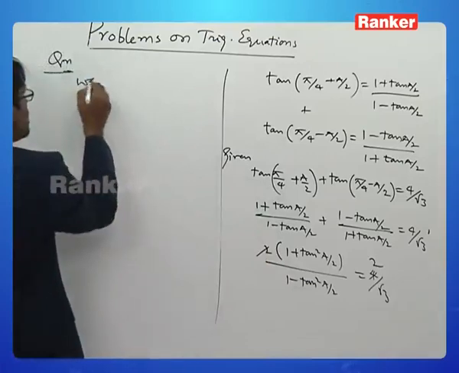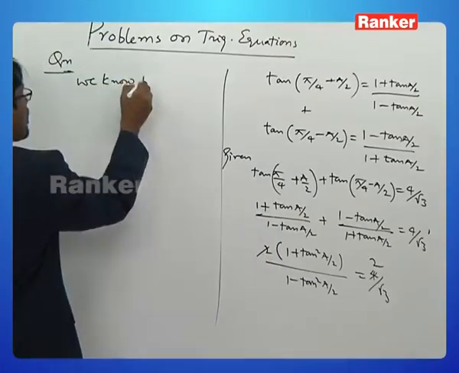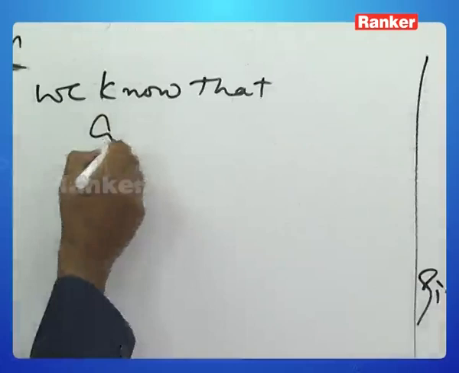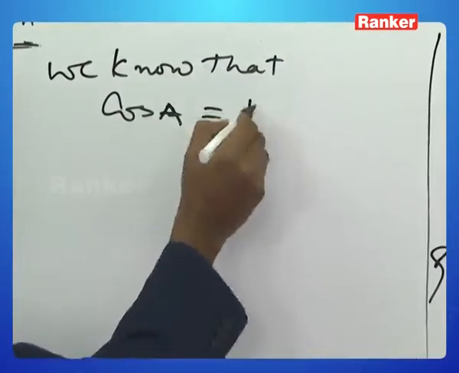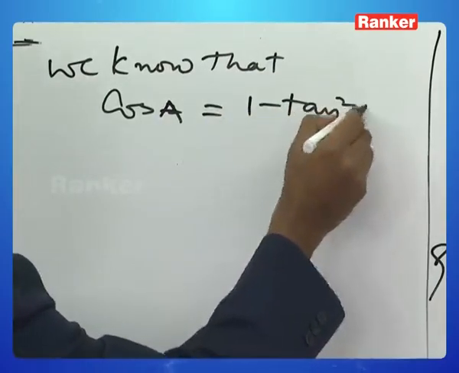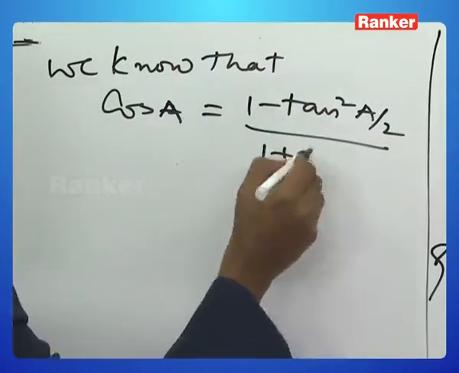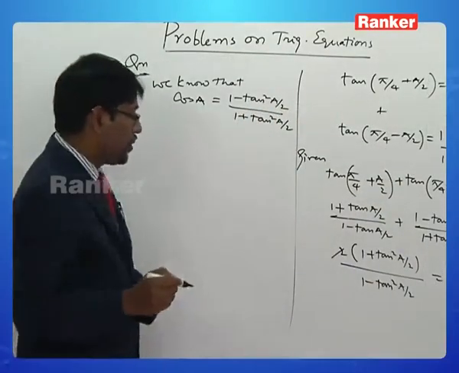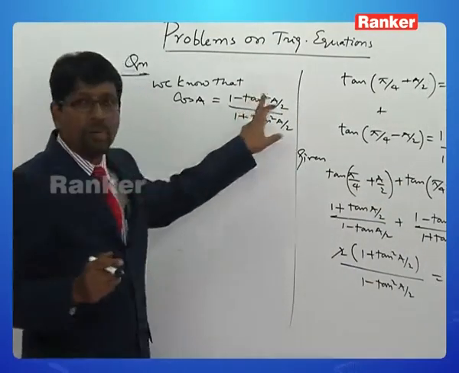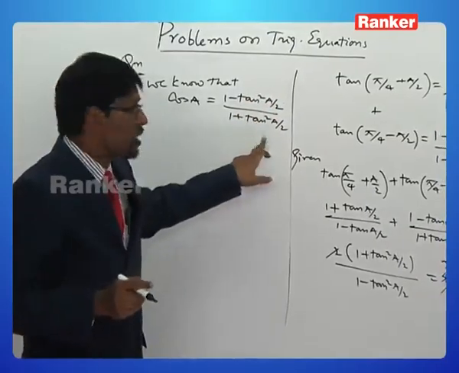We know that cos a has a formula like this: 1 minus tan square a by 2 by 1 plus tan square a by 2. Cos 2a would have been 1 minus tan square a by 1 plus tan square a.